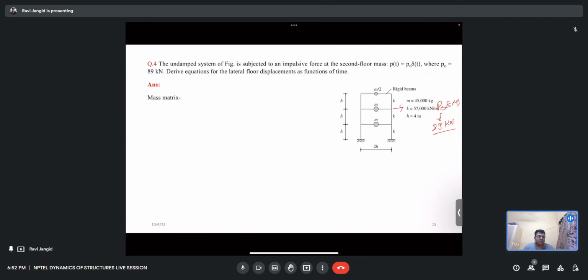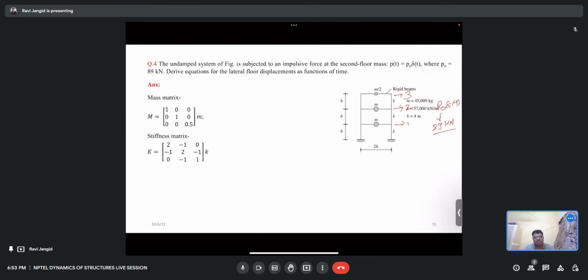So these are the degrees of freedom 1, 2, 3. This is the mass matrix: 1 0 0, 0 1 0, 0 0 0.5, times m. This is the stiffness matrix, which can be calculated as k1 plus k2, minus k2, 0; minus k2, k2 plus k3, minus k3; 0, minus k3, and k3.